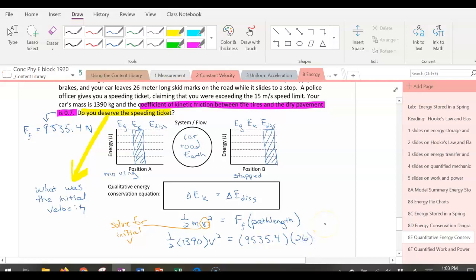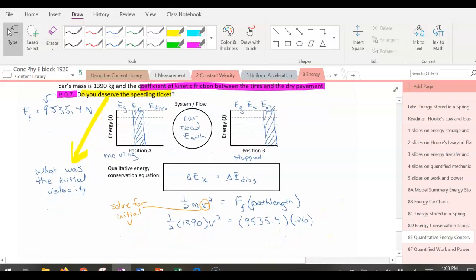And, okay. As I've been plugging in, I've kind of been thinking to myself, are these in standard units? And they all have been. We didn't have to do any conversions. I'm going to solve for V. Let's see what that initial velocity was. So 9535.4 times 26, that's the dissipated energy.